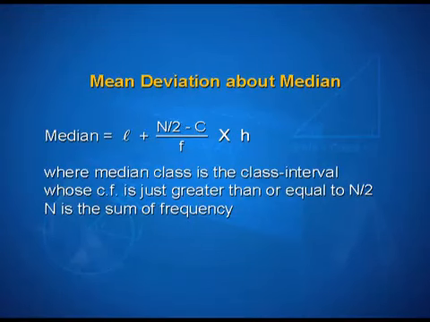Then the median is obtained by first identifying the class in which the median lies, that is the median class, and then applying the formula of the median, that is L plus (n upon 2 minus C) upon f into h, where the median class is the class interval whose cumulative frequency is just greater than or equal to n upon 2, and n is the sum of the frequencies.